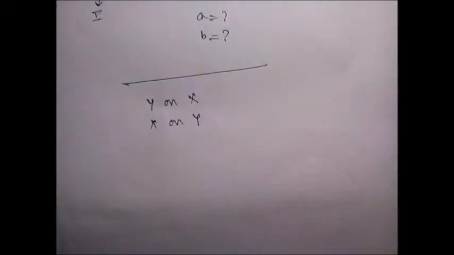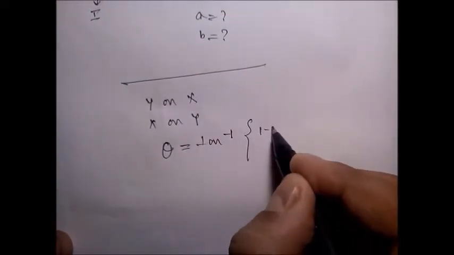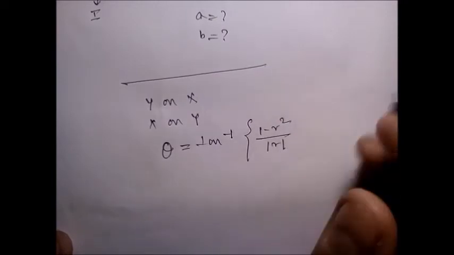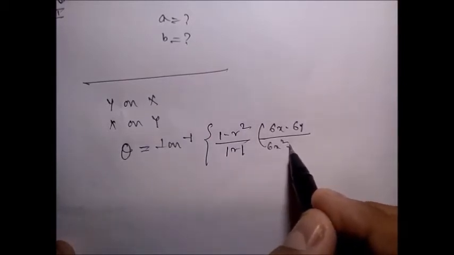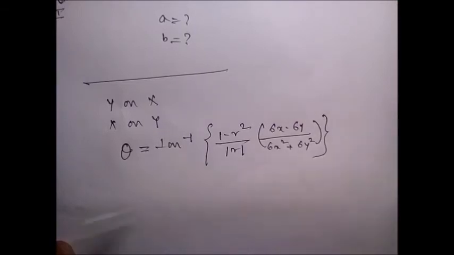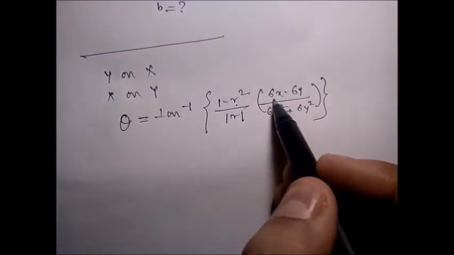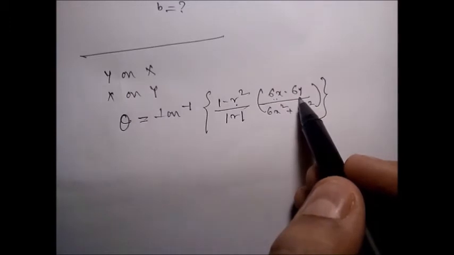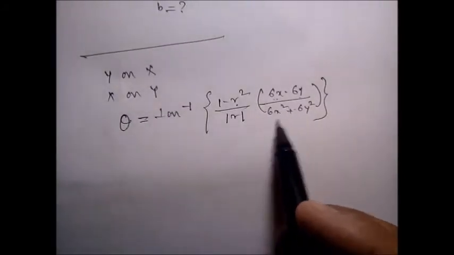If theta is the acute angle between the two lines of regression, then the formula is theta equals tan inverse of (1 minus r square) by r, into sigma x sigma y divided by (sigma x square plus sigma y square), where r is the coefficient of correlation, sigma x is the standard deviation of the x variable, and sigma y is the standard deviation of the y variable.